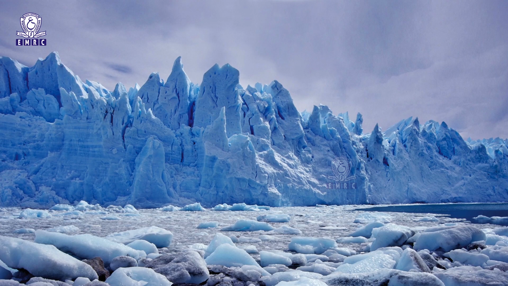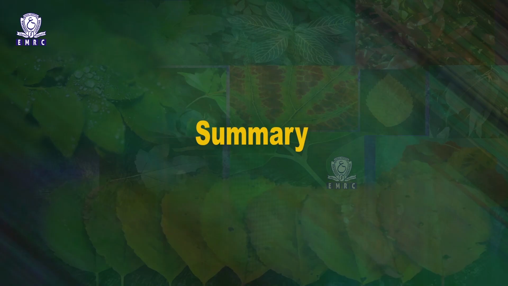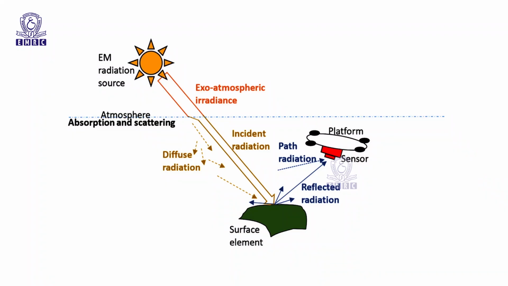At higher latitudes, you may also observe snow or ice cover surfaces with exceptionally high reflectance. You must also be aware that the solar elevation is generally low and therefore objects cast longer shadows at higher latitudes.